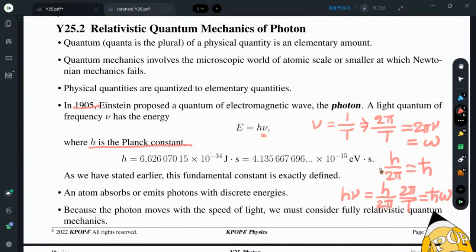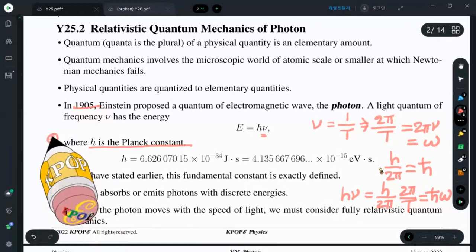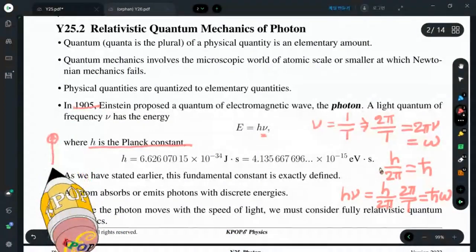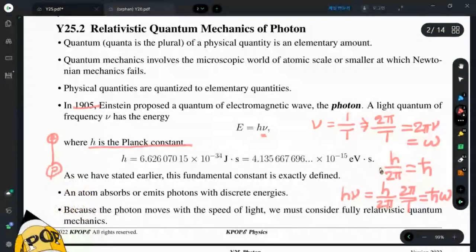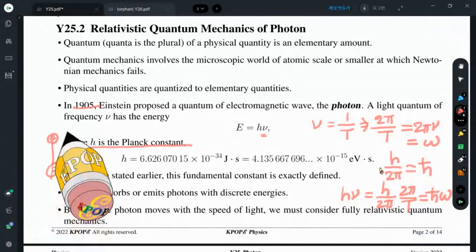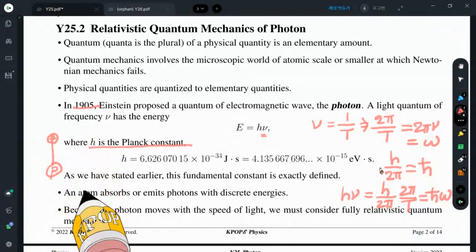By the way, a photon is emitted from matter. Electrons are usually trapped by an atom. For example, a proton and electron system, this bound system, is called hydrogen.